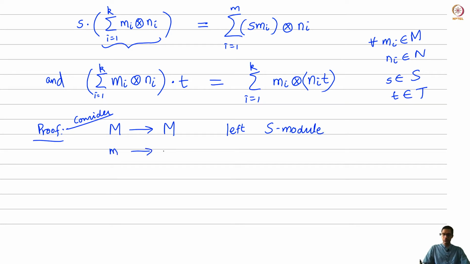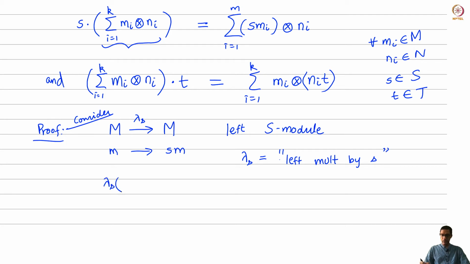It means that for any s in S, there exists something called the left multiplication map, which I'll call lambda s. So lambda s is just the left multiplication by s map, a map from M to M. Now, what kind of map is this? Well, it's certainly Z linear, but in fact it's a bit more.